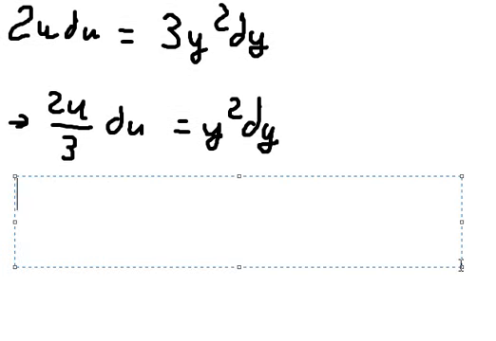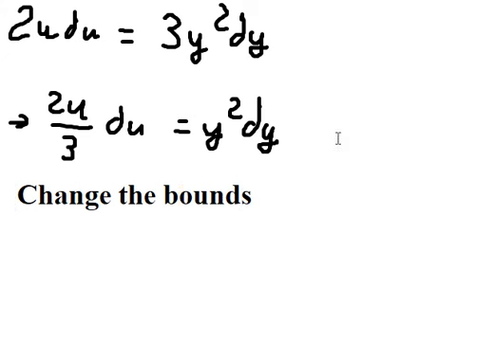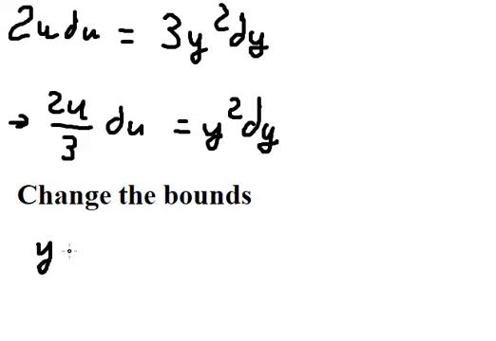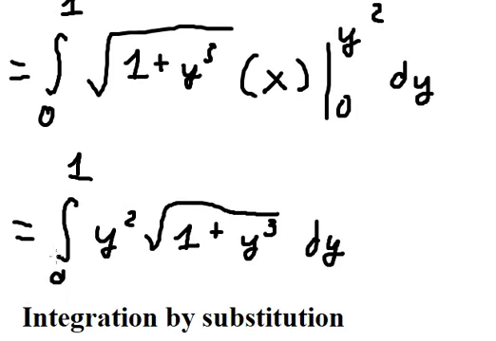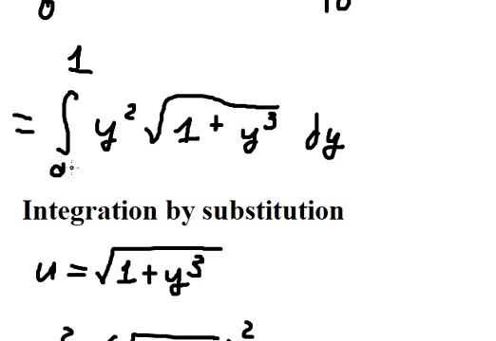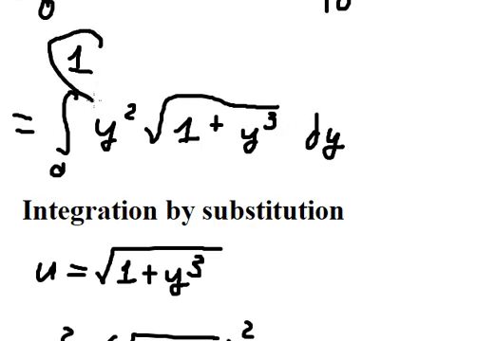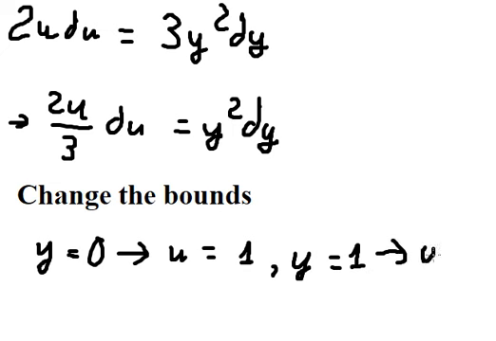Next, we need to change the bounds. So, when y equals number 0, I put number 0 in here, and we have u equals number 1. When y equals number 1, I will put number 1 in here, and we have u equals the square root of number 2.